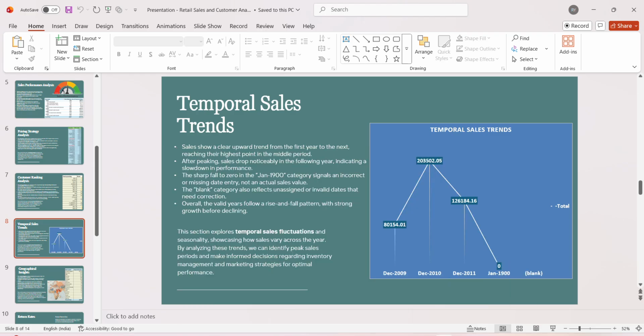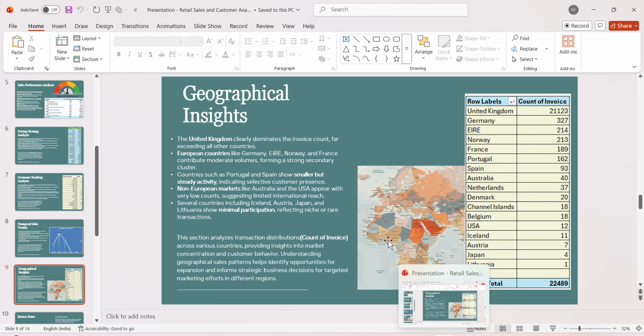As we see, the United Kingdom clearly dominates the invoice count, far exceeding all other countries, and several countries, including Iceland, Austria, Japan, and Lithuania, show minimal participation, reflecting niche or rare transactions.